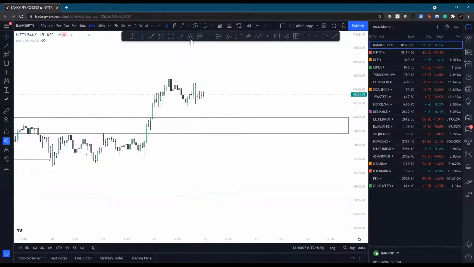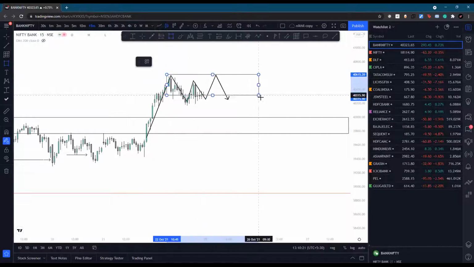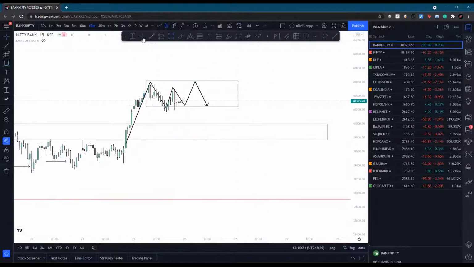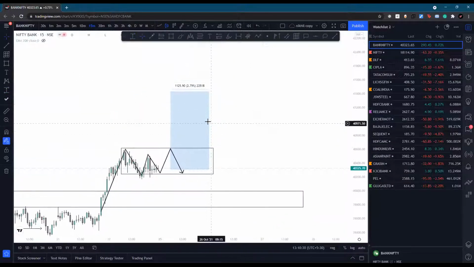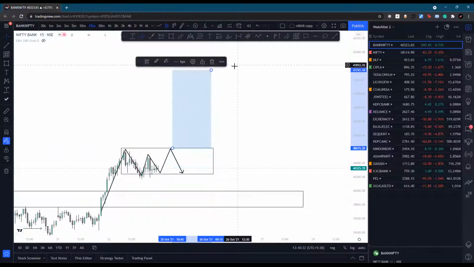Mostly what it will do is, this is a rally base rally structure. If you make a base here, wait for it to break that base, and the target is easy. Use this move, and after a break of that move, simply buy from the break of this high.